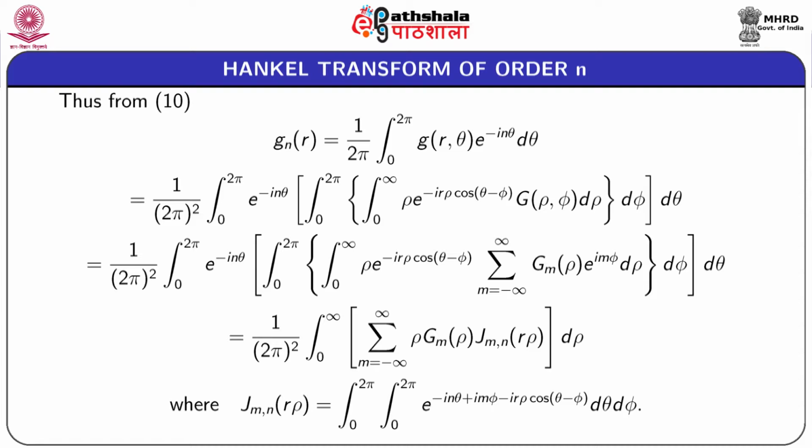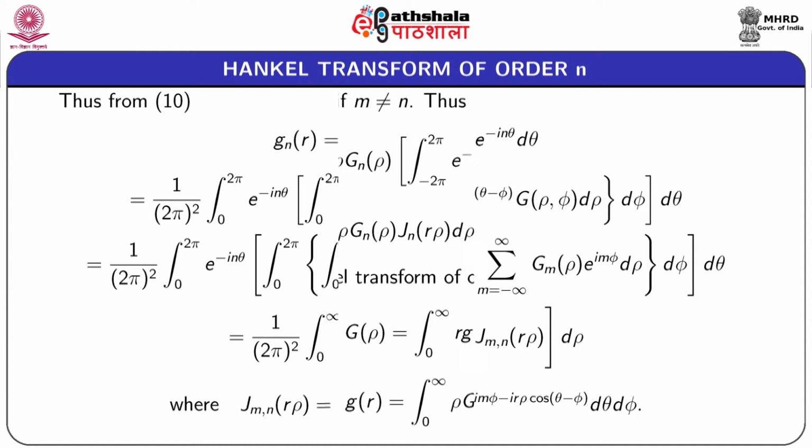And in this expression we interchange the integral and summation to obtain small g n r equal to 1 by 2 pi whole square integral from 0 to infinity, summation m equal to minus infinity to plus infinity, rho capital G m rho j mn r rho d rho, where the expression for j mn r rho is the integral from 0 to 2 pi, integral from 0 to 2 pi e to the power minus I n theta plus I m phi minus I r rho cos theta minus phi, d theta d phi.